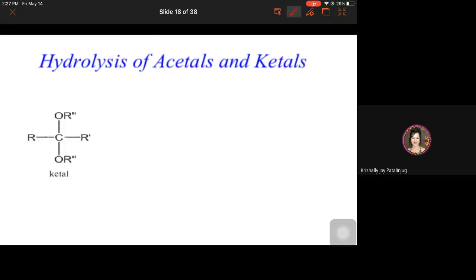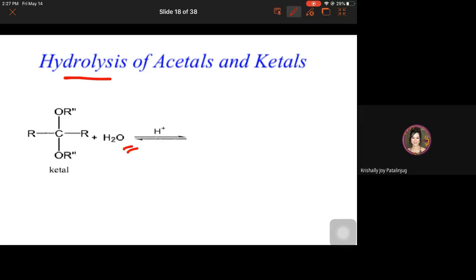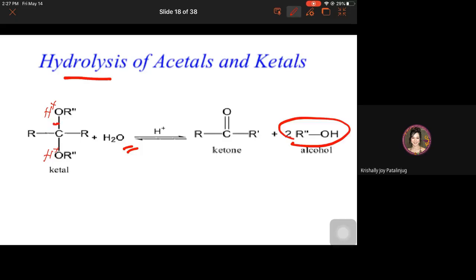And for ketone, the general reaction is the same. Upon hydrolysis, addition of water, it is protonated and removed in the form of excess alcohol, then the two bonds will form the carbonyl part of a ketone.